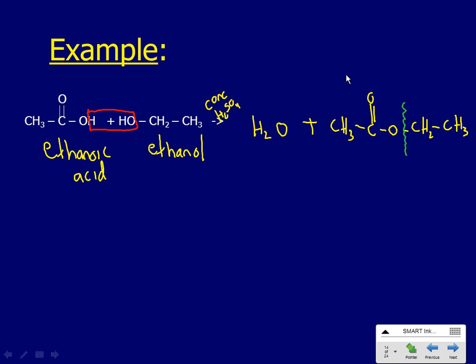Now, the name of this chunk. Well, we've actually seen the name of this before. CH3, don't write this down, COO minus, without an H on it. What have we called that in the past? We've encountered this in the past.